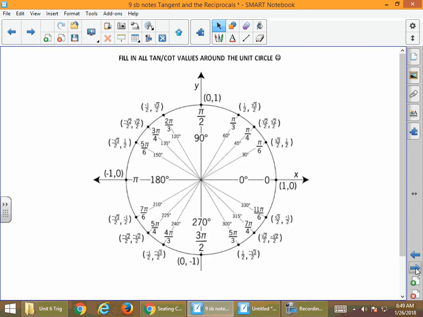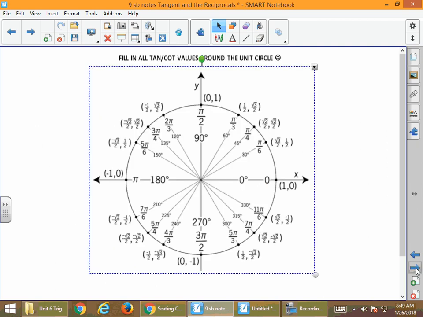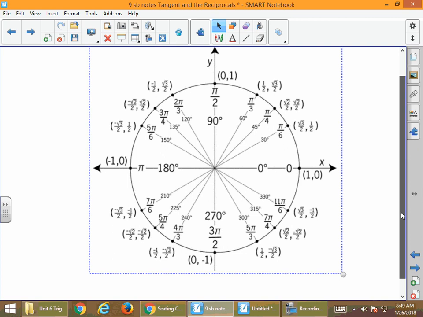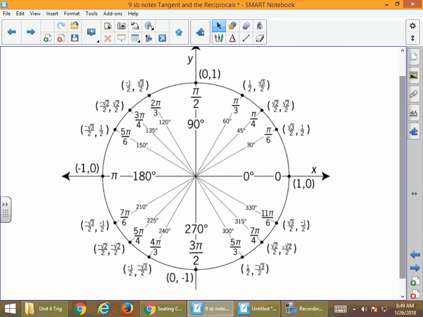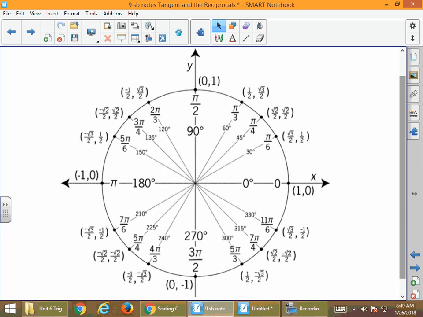As we get close to finishing the notes, looking at our unit circle, just like the secant and cosecant notes, there's really not a lot of space to write here, but I am going to try to go through and at least do some tangents.